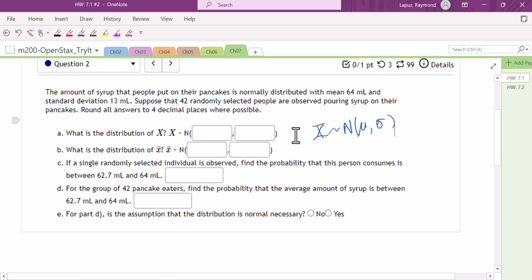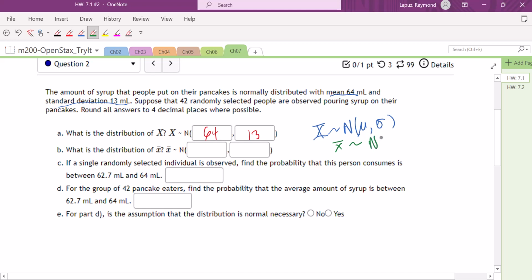We know our mean and standard deviation for this particular problem, so that's pretty straightforward for part A: 64 and 13.